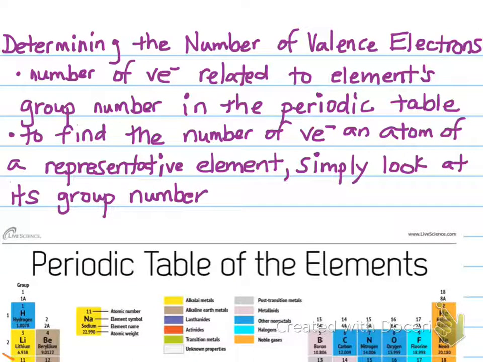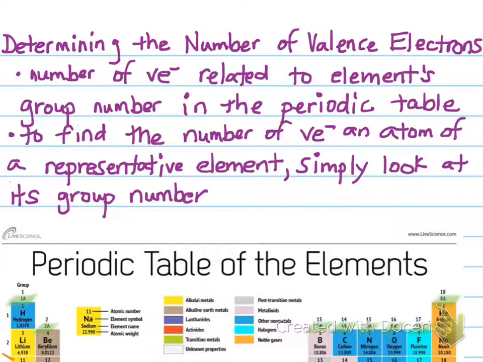So, what I'm talking about here are group 1A, 2A, 3A, 4A, 5A, 6A, 7A, 8A, those group numbers that are on your periodic table for the tall columns. Okay, so you're going to look at that group number. That group number is telling you the number of valence electrons.